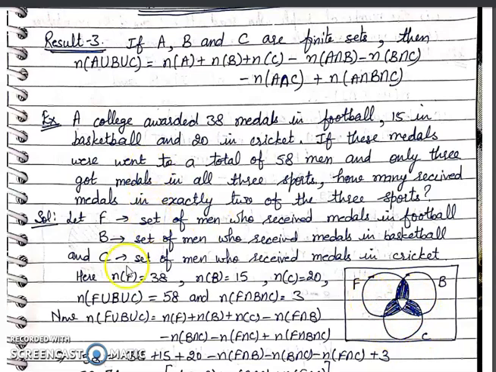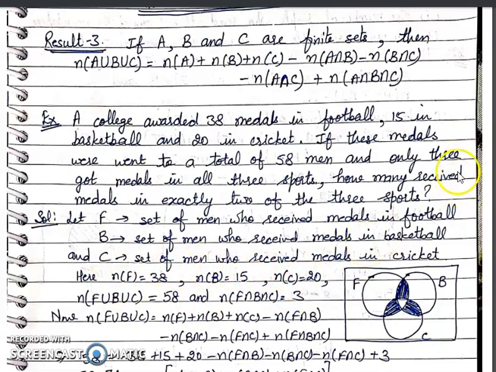And only 3 got medals in all 3 sports, all 3 means their intersection, so n(F intersection B intersection C) is 3. This information is given to us.